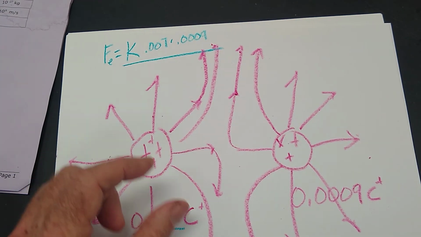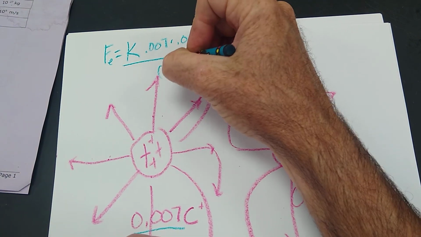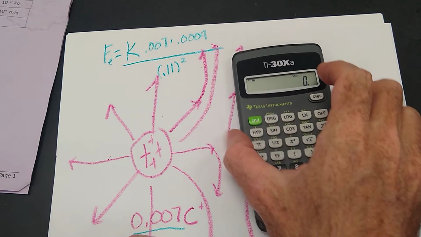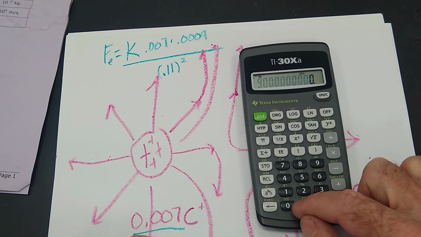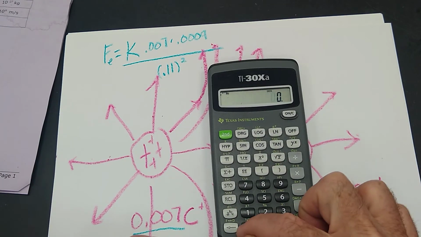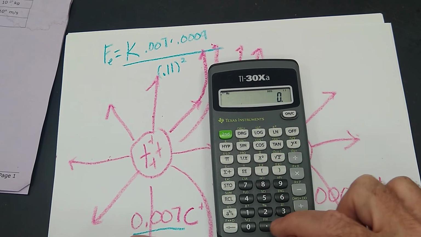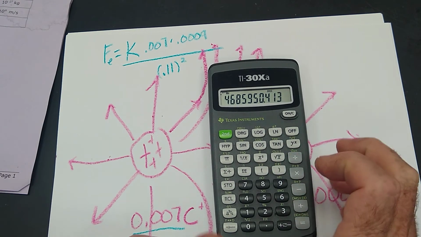We'll say these are 11 centimeters apart, so 0.11 meters squared. Put that in our calculator: 9E9 times 0.007 times 0.0009 divided by (0.11 squared), equals.